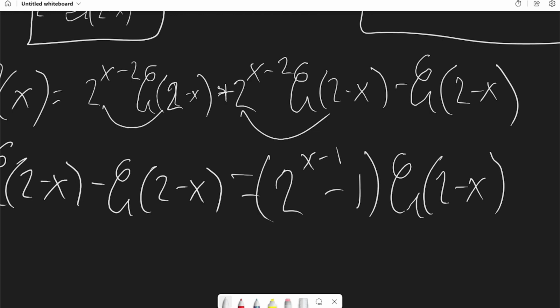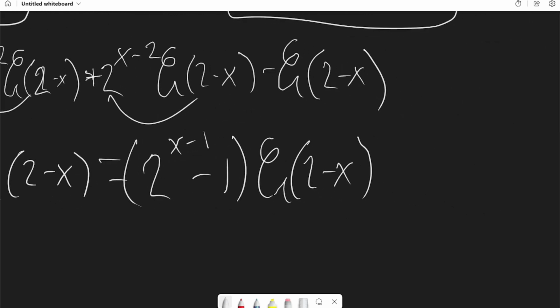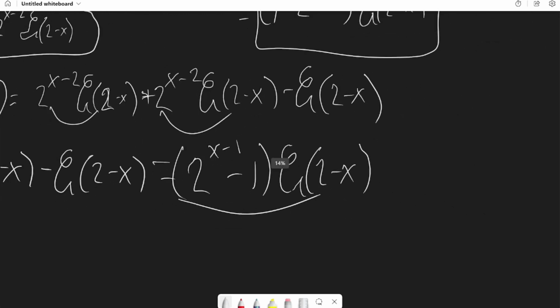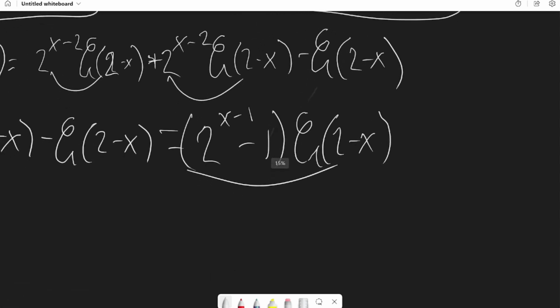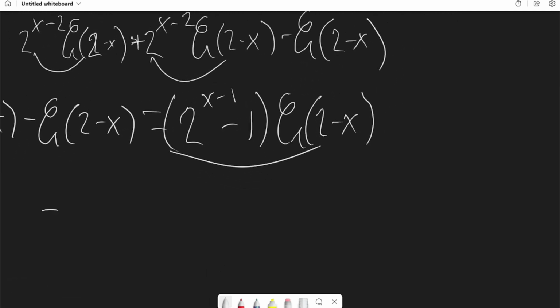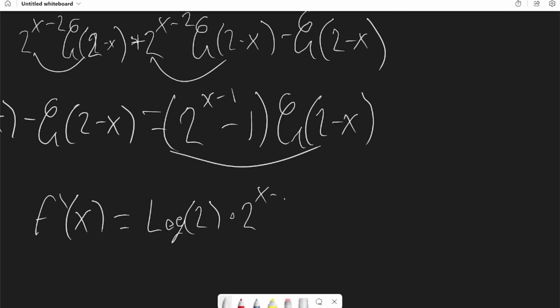Okay, yeah. Now we have to differentiate this function right here with respect to x. It's pretty simple. Let me write this out a little bit clearer. F prime of x is going to be equal to log 2 times 2 to the x minus 1 times Riemann zeta of 2 minus x.